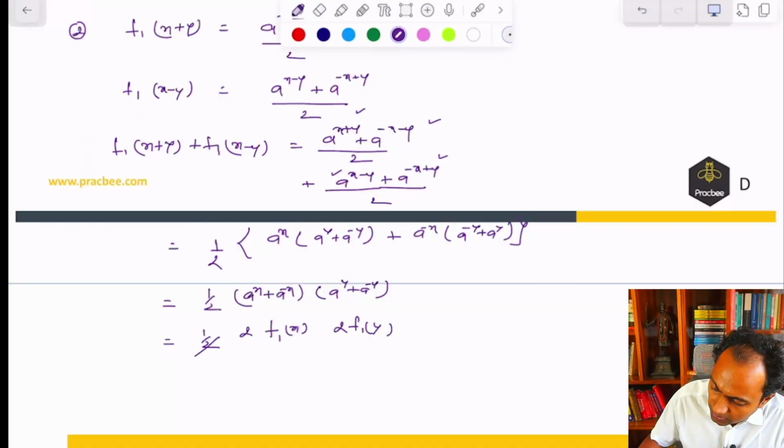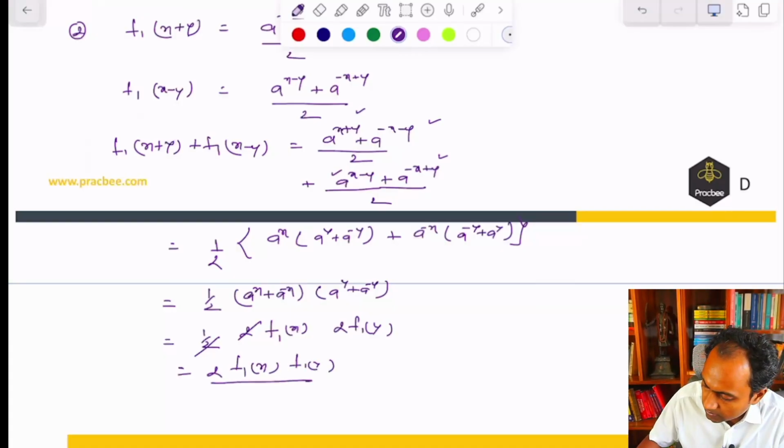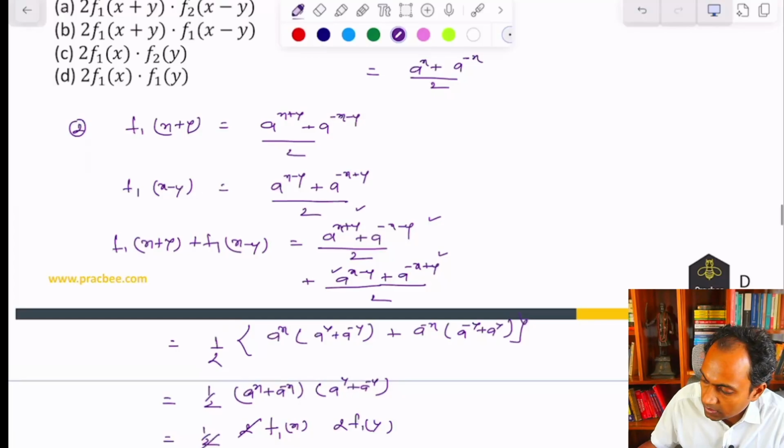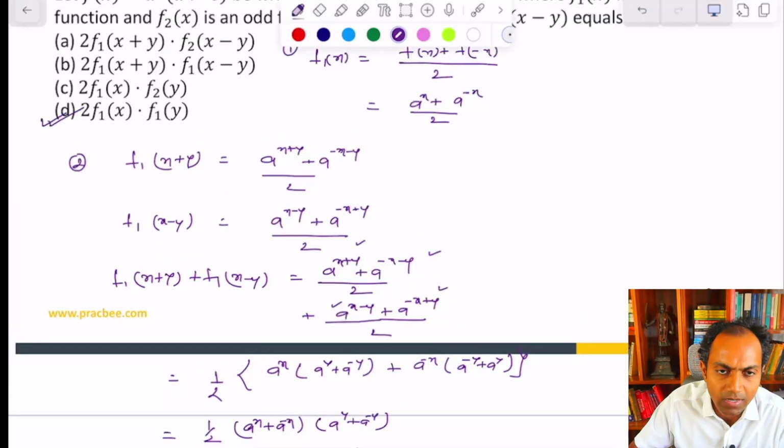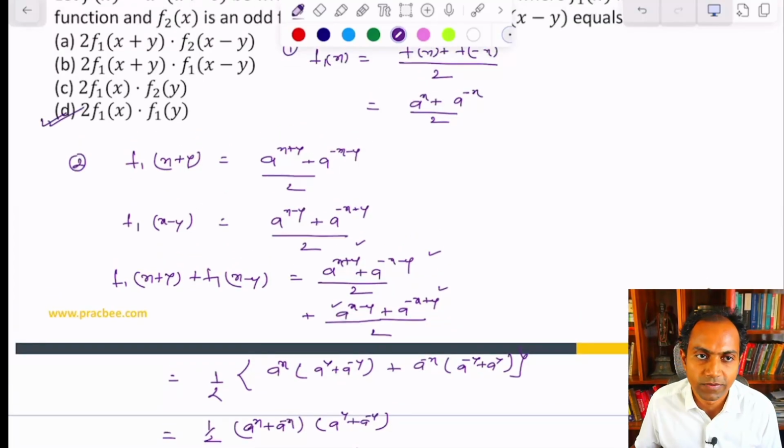You can see that this will get cancelled out. So this is equal to 2 times f1 of x plus f1 of y. This is equal to option D. A simple question based on a property of even and odd functions.